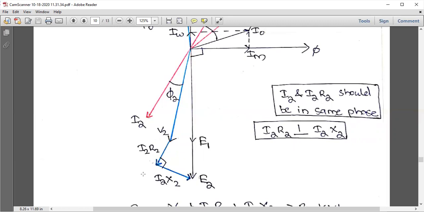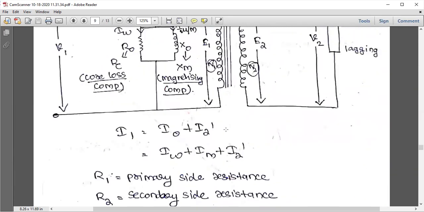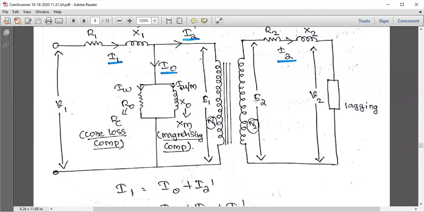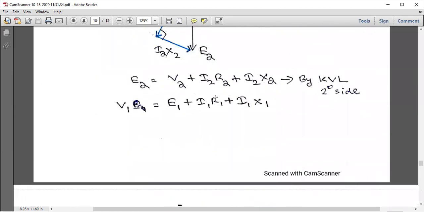And since this is the reactance component, that is the secondary leakage reactance, I2X2, the voltage drop due to that should be perpendicular. That's why. And from the equivalent circuit diagram, we can write E2 is equal to V2 plus I2R2 plus I2X2. That is by KVL in the secondary side.